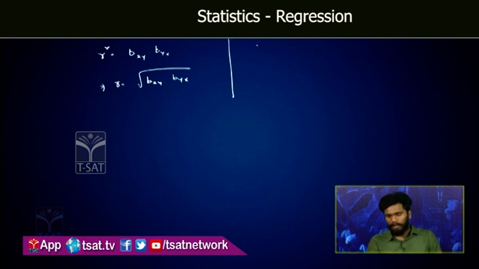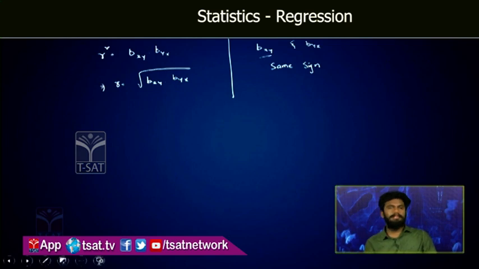Now, b xy and b yx will have the same sign. If b xy is taking a positive sign, b yx will also take a positive sign. If it is taking a negative sign, this will also take the negative sign.